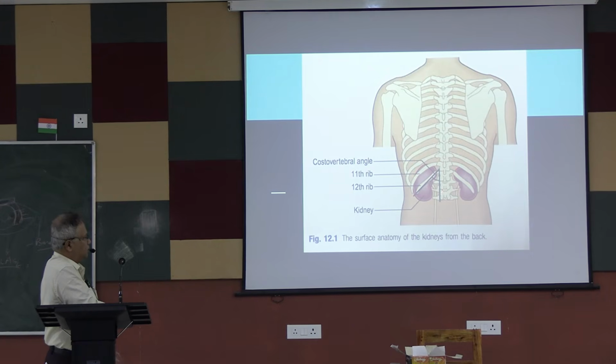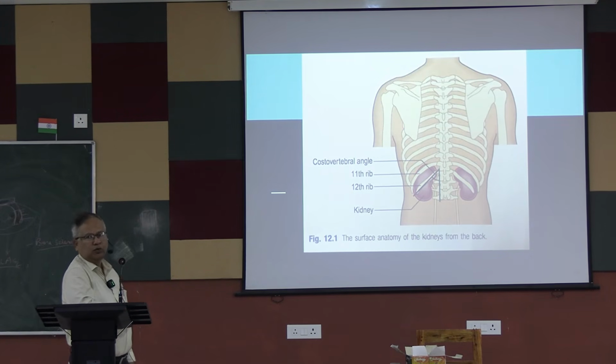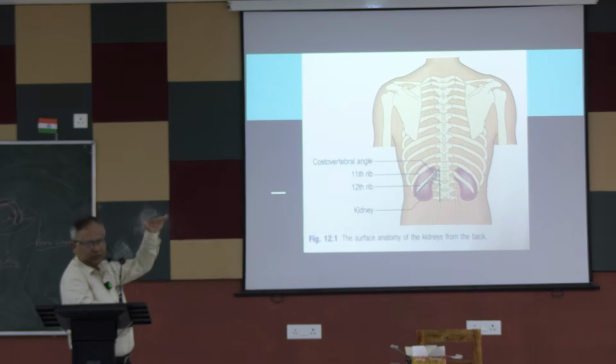The length is about 10 to 14 centimeter in an average built adult. The right side kidney is slightly lower, about 1.5 centimeter lower than the left kidney, because it is pushed downwards by the liver.